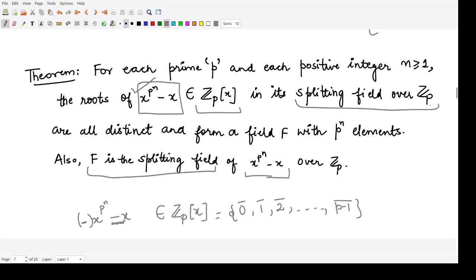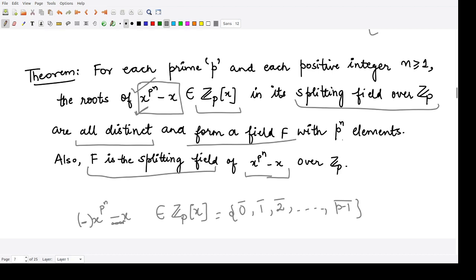That is all clear. But these roots would all be distinct, and the set of all these roots would form a field having p to the power n elements. Why p to the power n elements? Because the roots of this particular polynomial would be p to the power n in number.